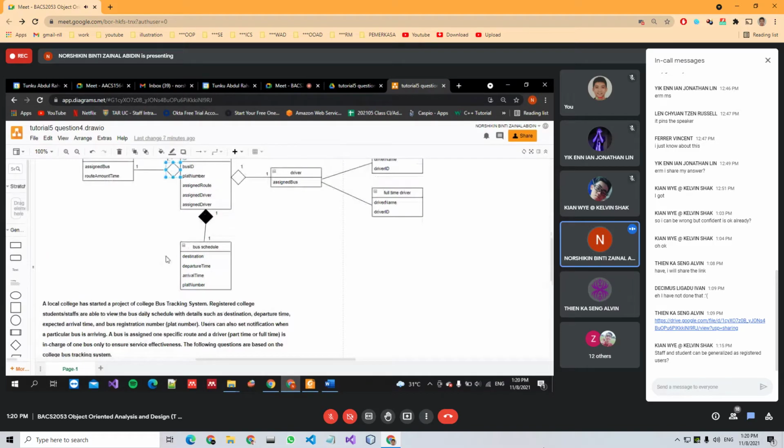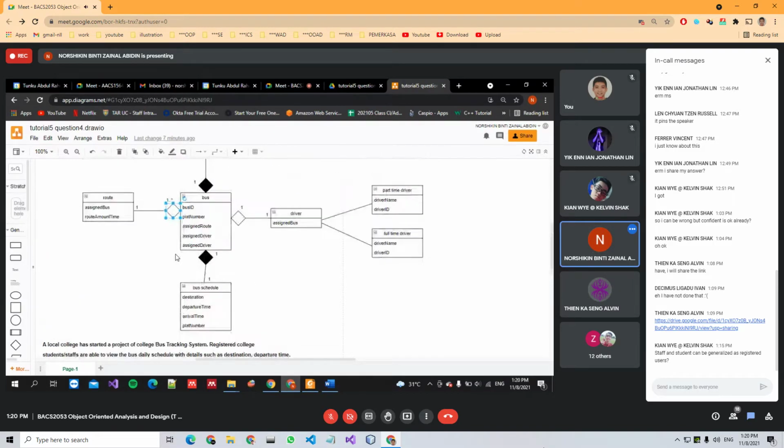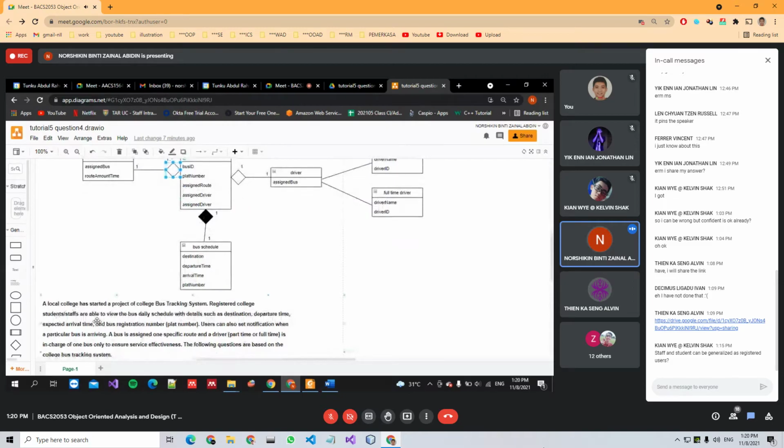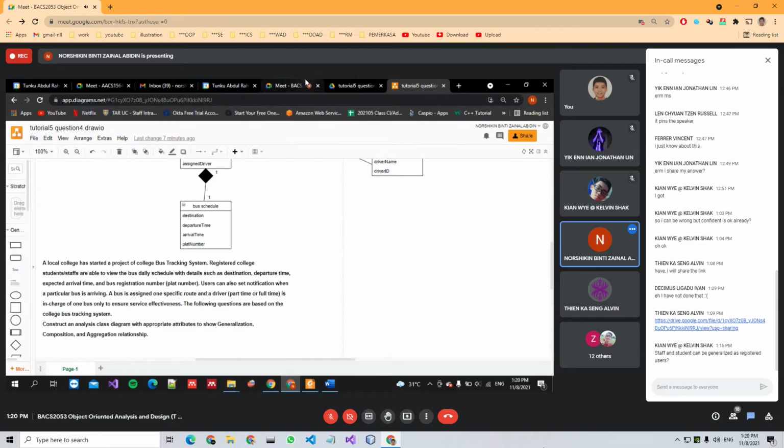So your bus schedule. A college assesses that the bus is assigned with bus registration.